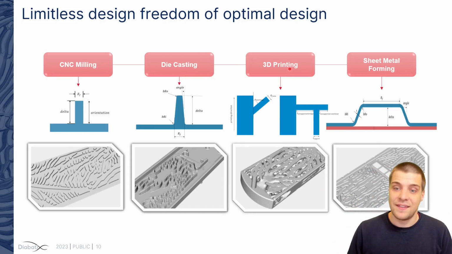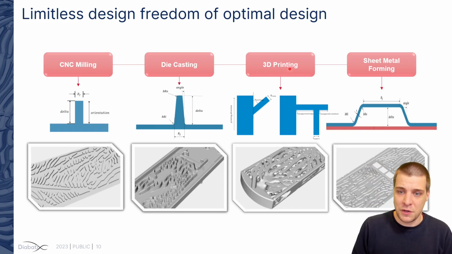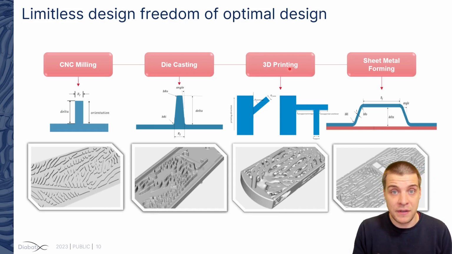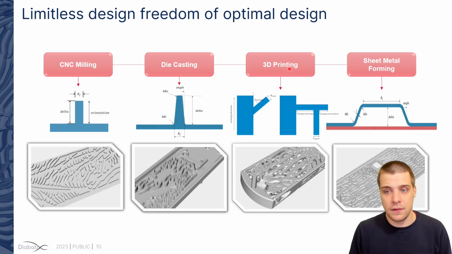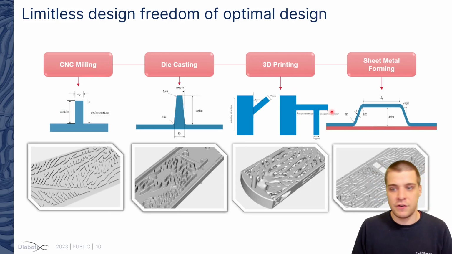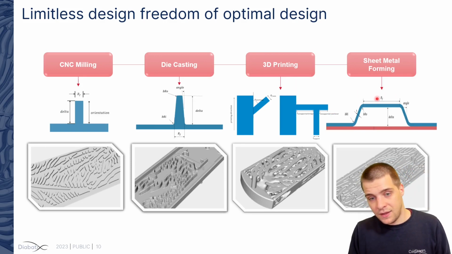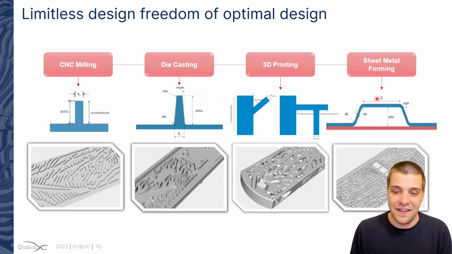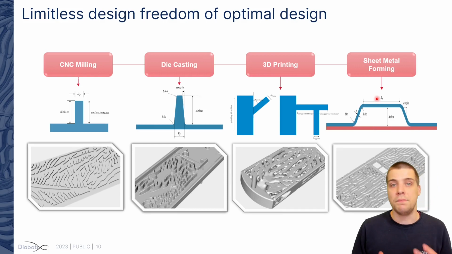With 3D printing, you have the most freedom, of course, but it's quite expensive to make, especially in large volumes. You have control over the printing resolution, overhang angle, unsupported lengths, both the bridge and cantilever, etc. And this very much ensures that whatever ColdStream outputs will meet your manufacturing constraints.